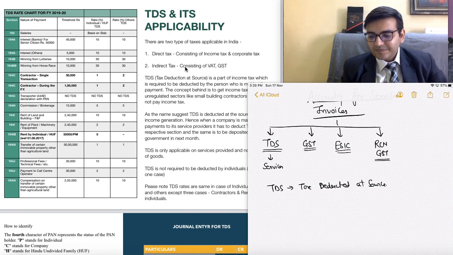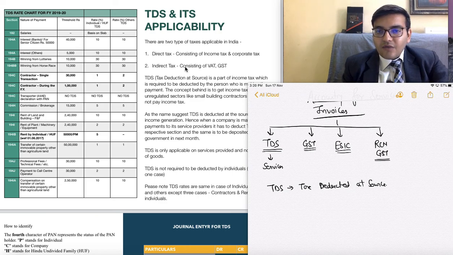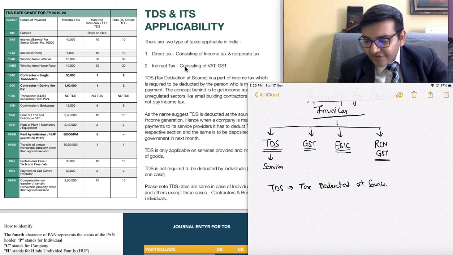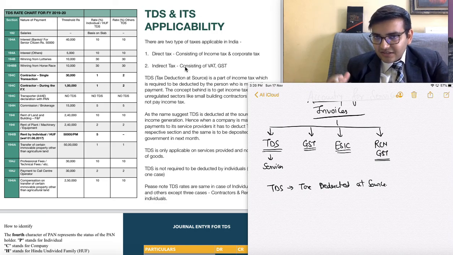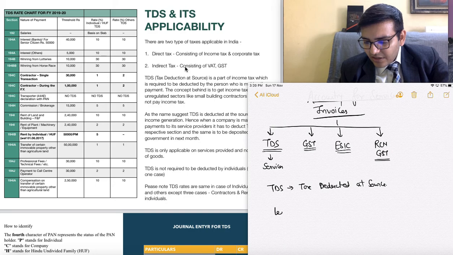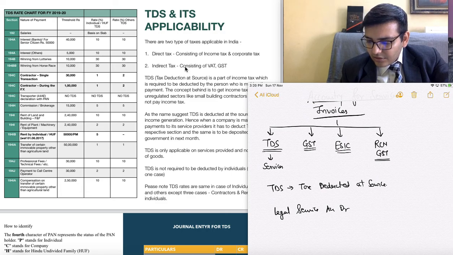Please remember this. Whenever we deduct TDS, the accounting entry would be, say you have taken legal services: legal services account debit, to TDS, let's say 10,000 rupees is the amount of legal service.